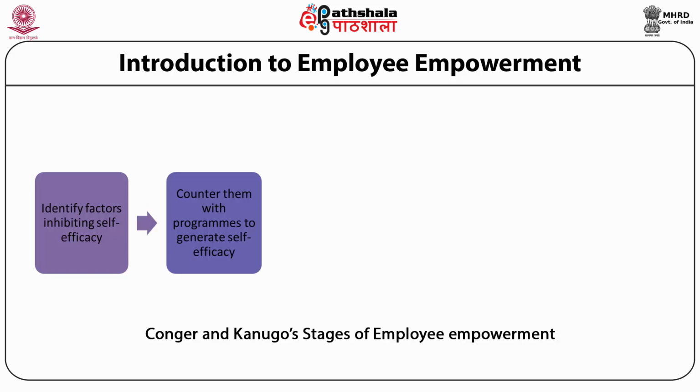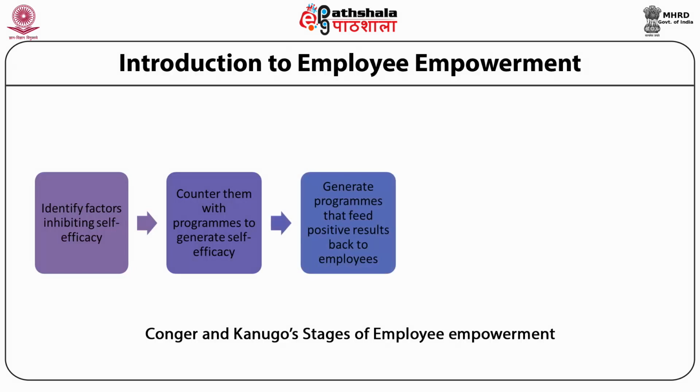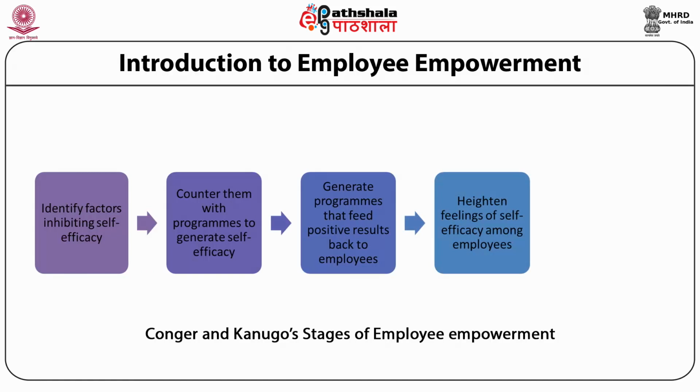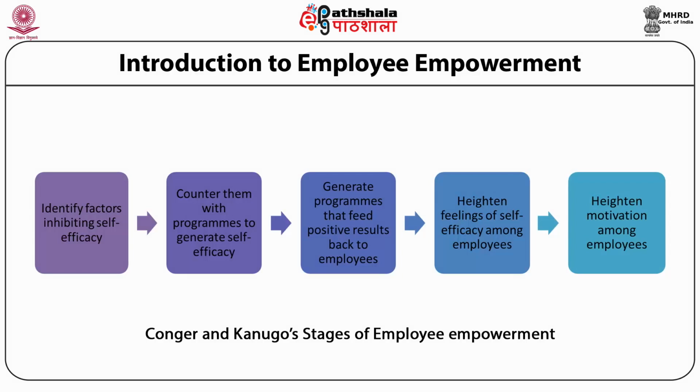The third stage in empowering the employees is to generate programs that feed positive results back to employees. The fourth stage of the model talks about heightening the feelings of self-efficacy amongst the service employees. And the final stage is to heighten motivation amongst the service employees to make them empowered.